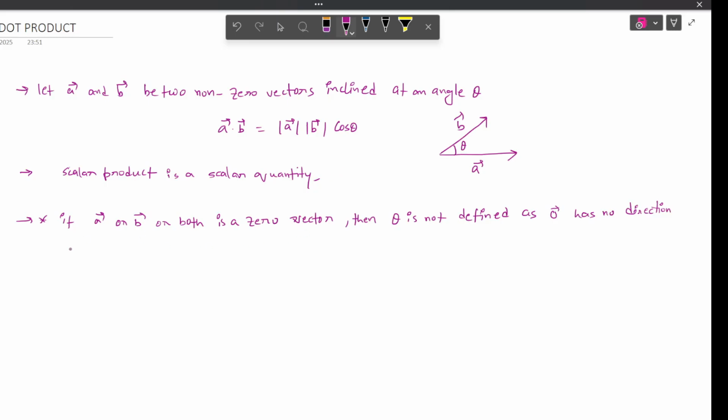So in this case, the dot product a dot b is defined as the scalar zero.